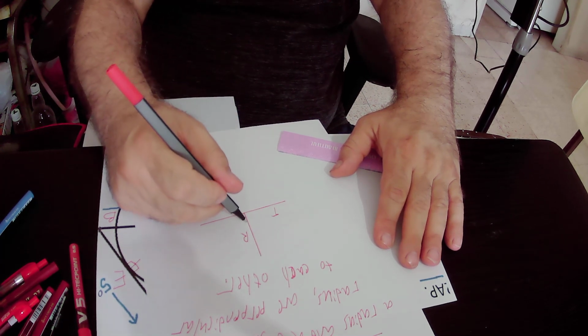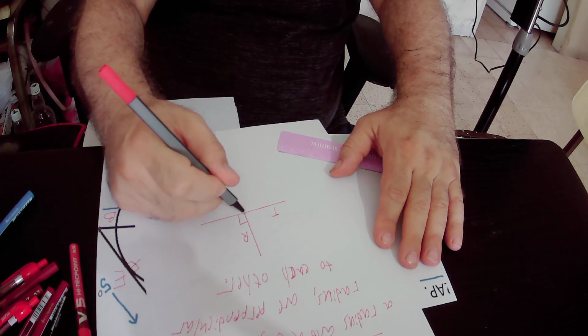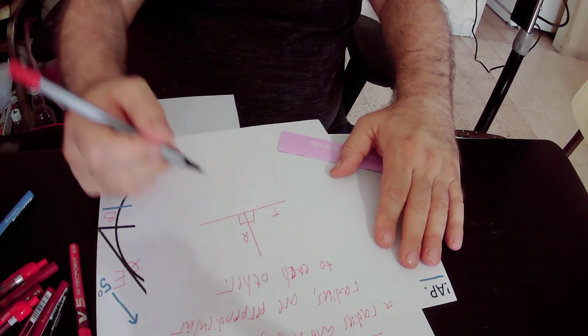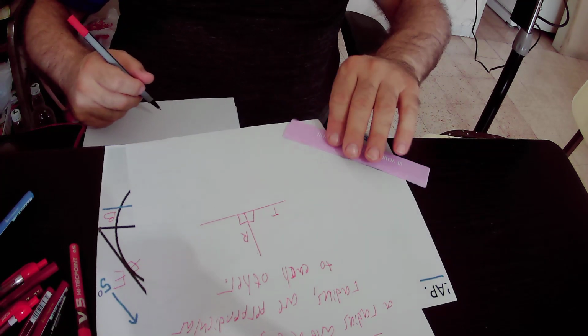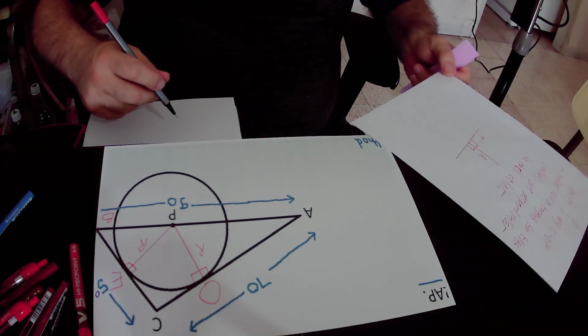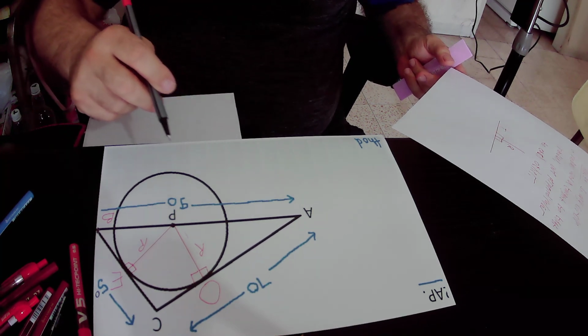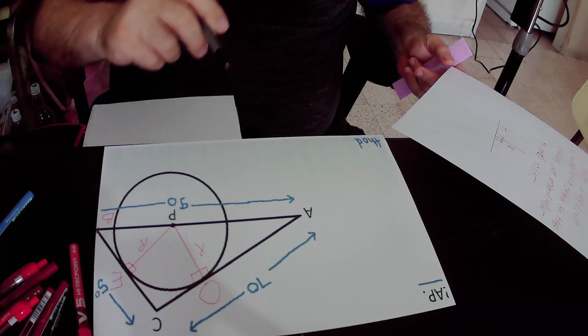That is to say, this angle is 90 degrees and this angle also equals 90 degrees. Okay, again, in any circle a radius and the tangent to that radius are perpendicular to each other.